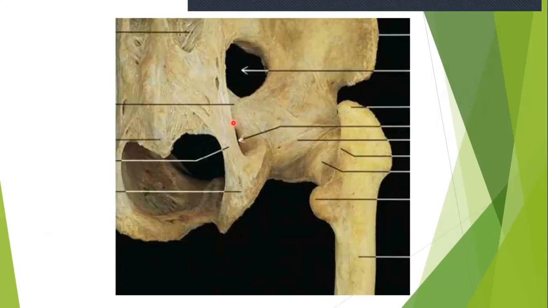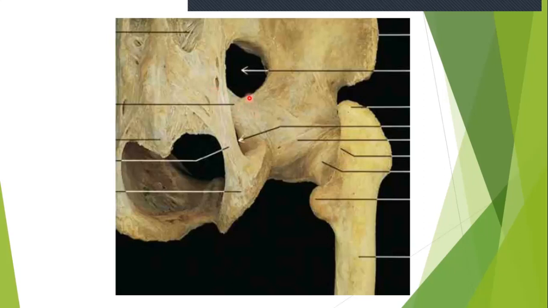They are usually converted into foramina by ligaments. This is the sacrum here, as you can see, and this is the ischial tuberosity. So we have this ligament here, running from the sacrum to the ischial tuberosity, the sacrotuberous ligament. Then we have this ligament from the ischial spine to the sacrum, the sacrospinous ligament.